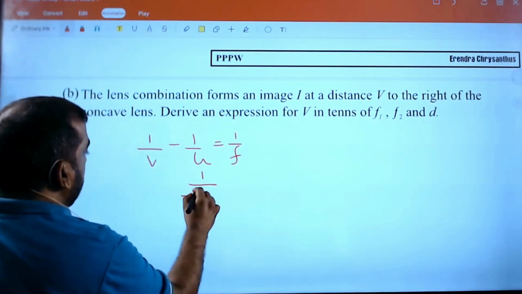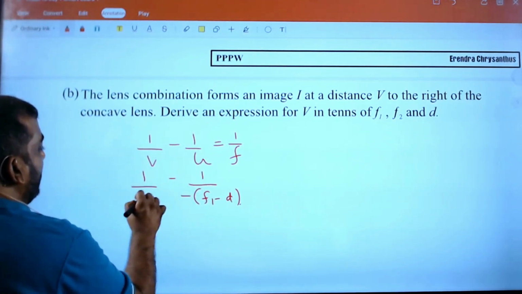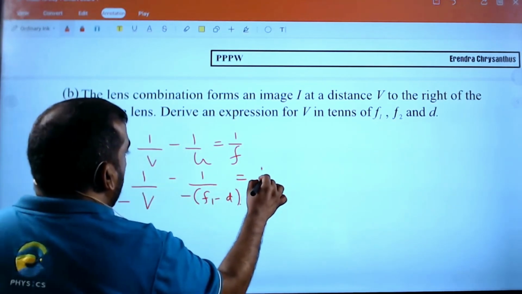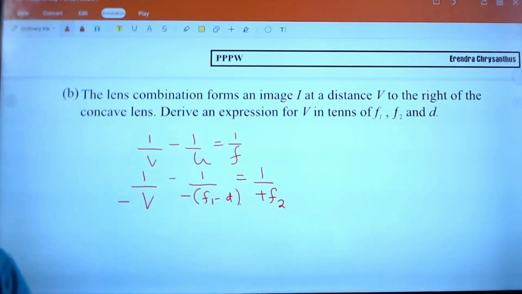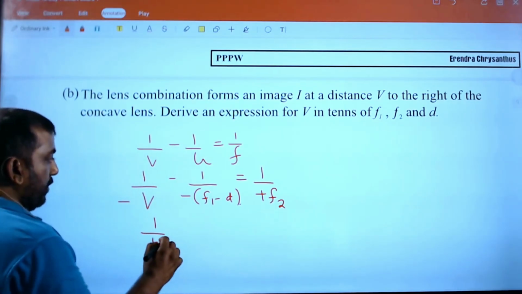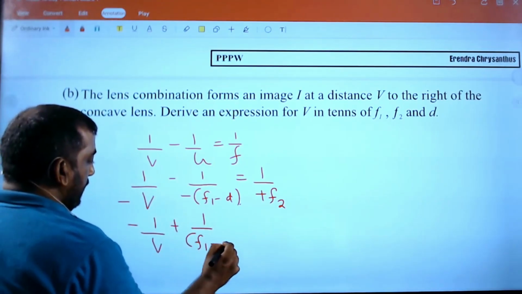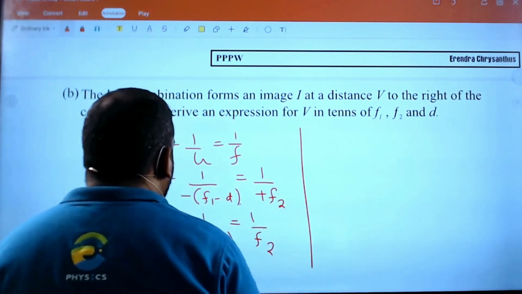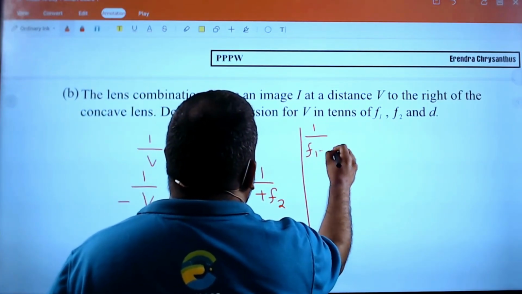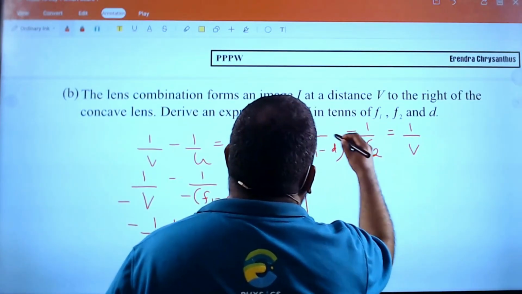Object distance is in the direction light travels, f1 minus d. Image is formed in the direction light travels, v. Focal length of the concave lens, plus f2. They are asking for an expression for v, so: 1 over v minus 1 over (f1 minus d) equals 1 over f2.